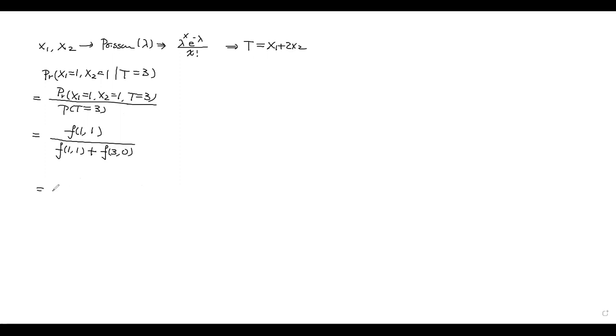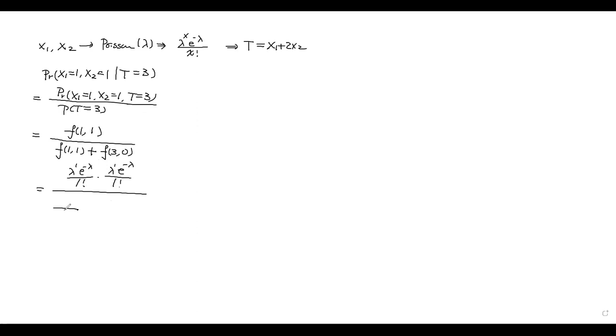Now let's put in the joint PDF. Because X1 and X2 are independent random variables, the joint PDF is just the product. So (1, 1) will be lambda to the 1 e to the negative lambda over 1 factorial, times lambda to the 1 e to the negative lambda over 1 factorial.